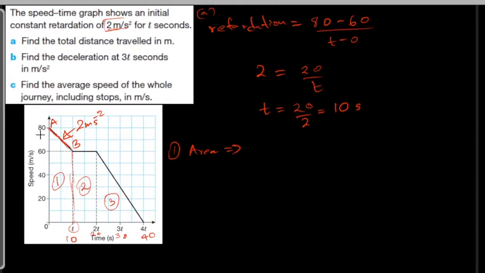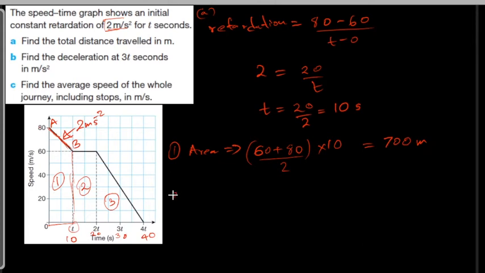You add the lengths of the parallel sides, 80 plus 60, divided by 2 and multiply with the perpendicular distance between them. The perpendicular distance is 10. So when we solve it, we get 140 divided by 2 is 70, into 10, 700 meters.